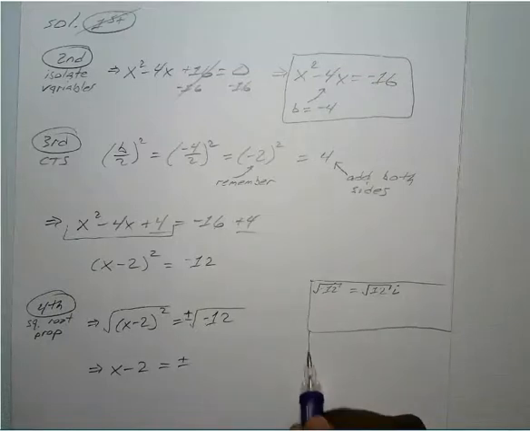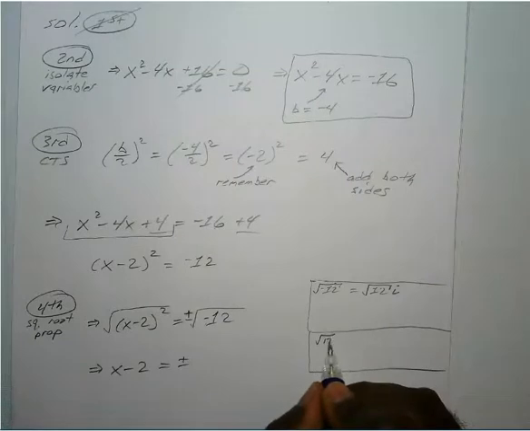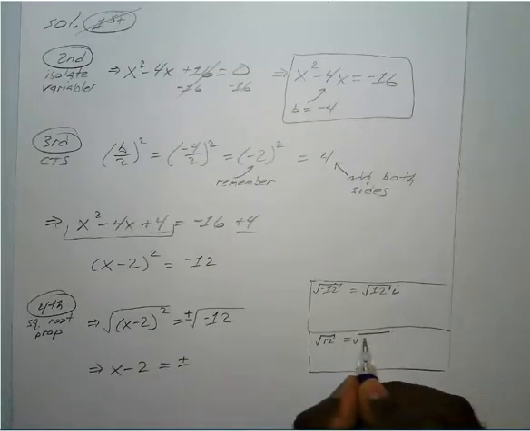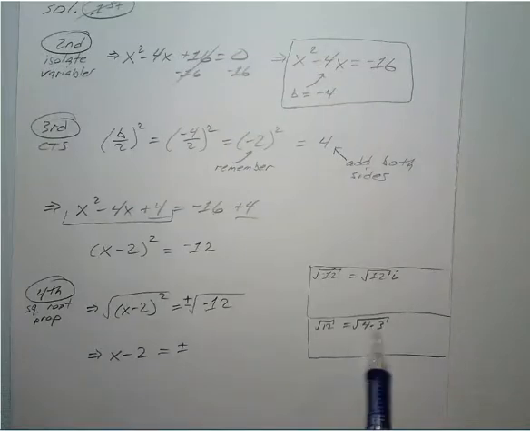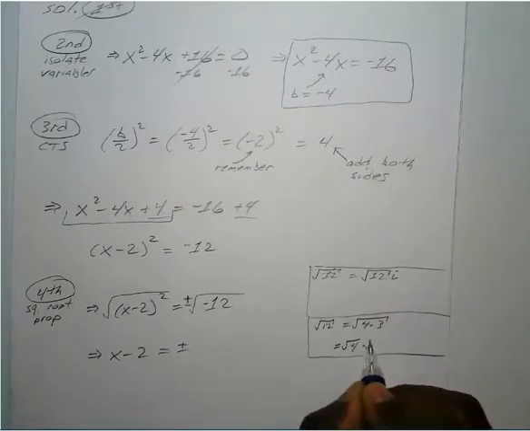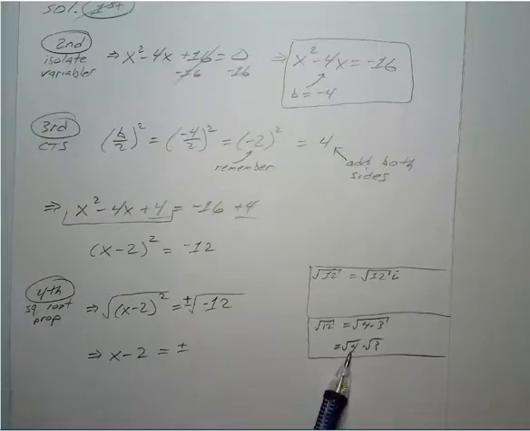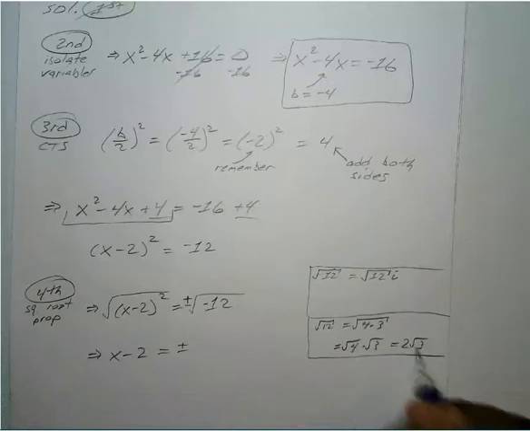Okay, now also, just separate that: square root of 12 can equal square root of 4 times 3. Now once you separate those two, you have square root of 4 times square root of 3. Square root of 4 is equal to 2, so that gives us 2 square root of 3.